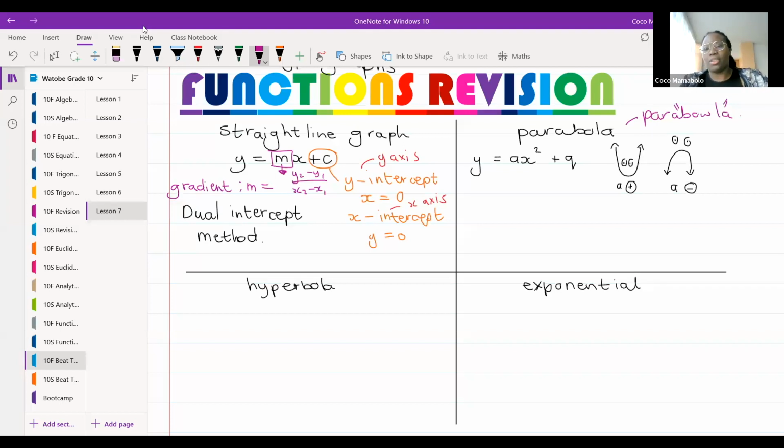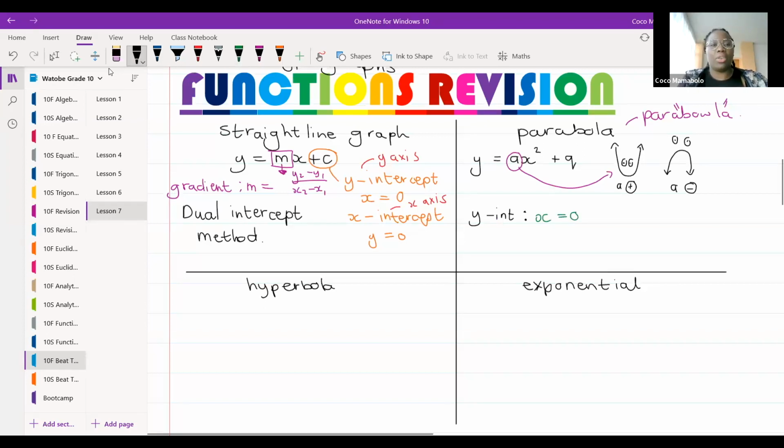So now we've got parabola and parabola. We know that if this a that we're looking at over here is positive, our graph will face up. If it's negative, our graph will face down. Our graph can also have a y-intercept, and at the y-intercept, x is equal to 0.